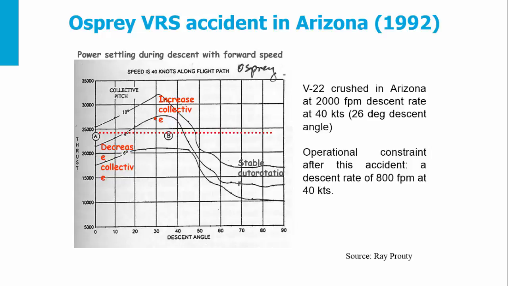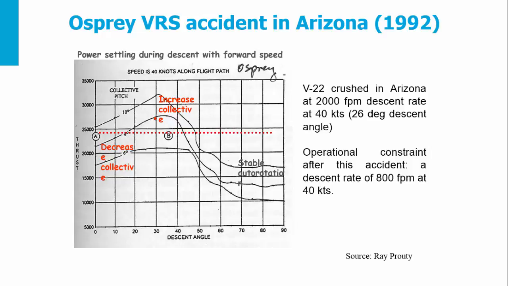The problem is that descending at a smaller angle of descent is more dangerous than descending with a 90 degree descent angle. Consider in this graph a line of constant thrust. To keep the thrust equal to weight, we must first reduce the collective.